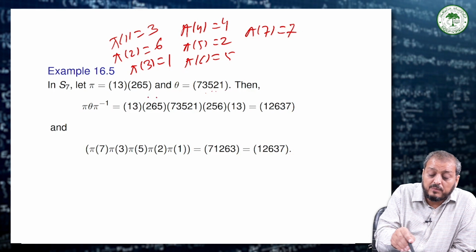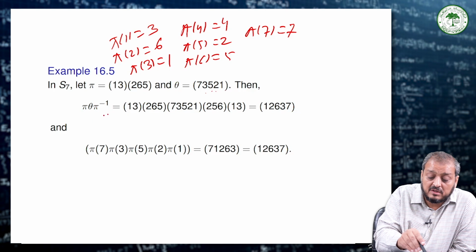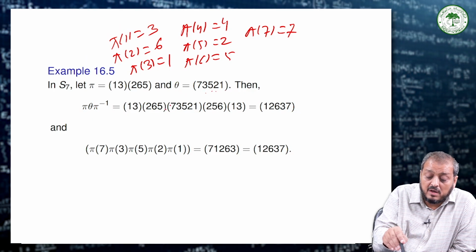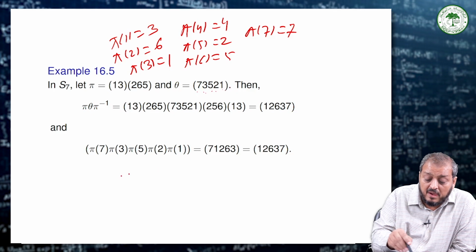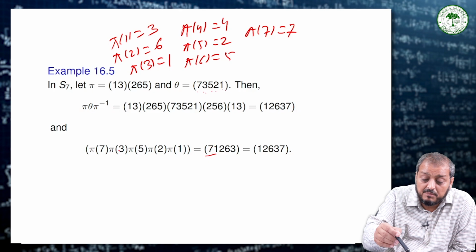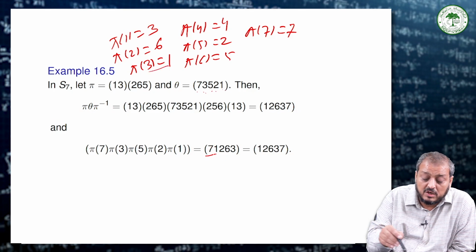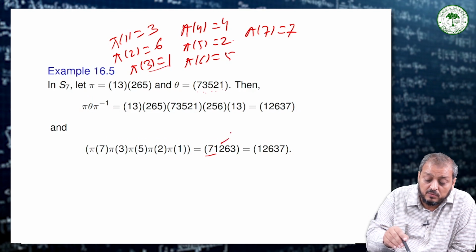So we apply the theorem. We can simply say this is equal to pi of 7, pi of 3, pi 5, pi 2, and pi 1. Then pi 7 is equal to 7. Next, pi 3 is equal to 1. Pi 5 is equal to 2.